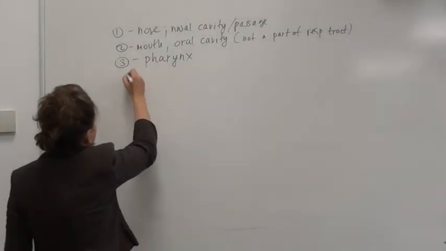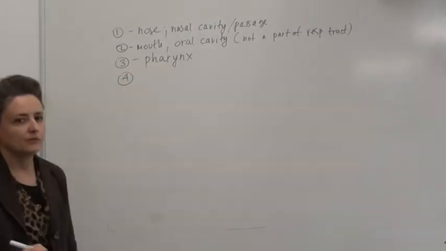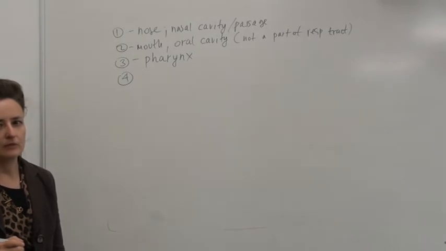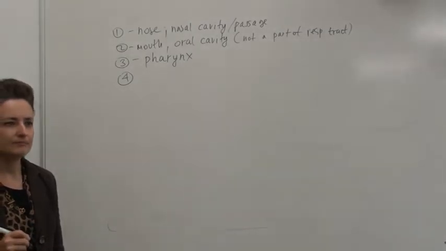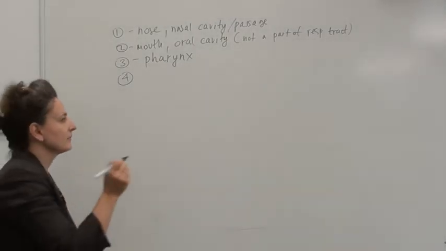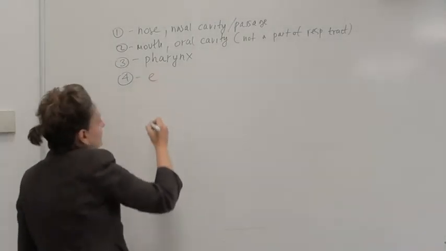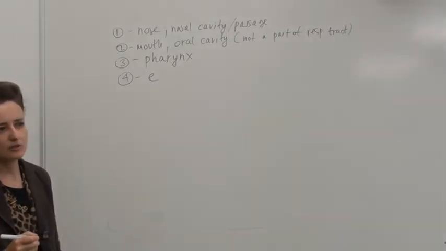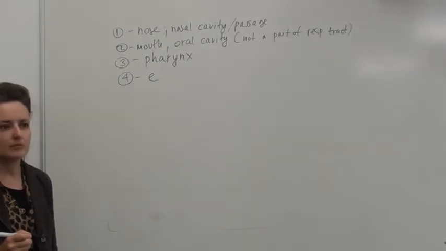Right, so number 4, there's a little flap of tissue which you find even deeper in your throat. Any idea what that is? The trachea? Not quite. Something beginning with E. A technical term. Some people know it, some people don't.